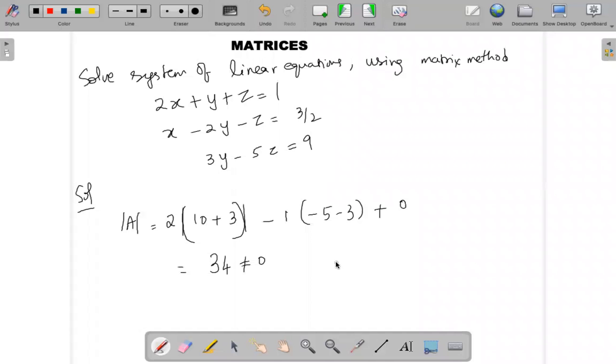So the determinant of A is not equal to 0, and therefore A is a non-singular matrix.